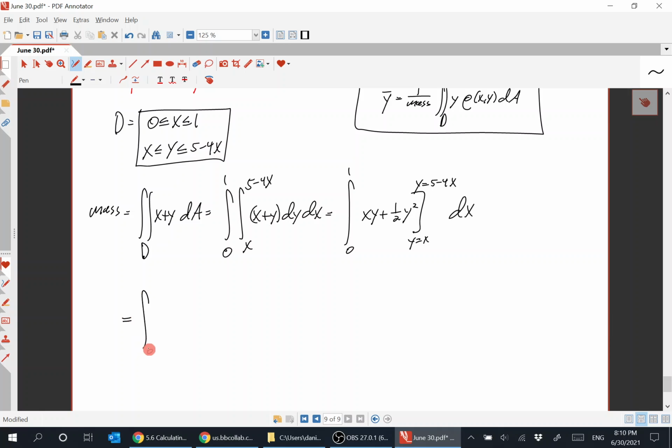So this is x times 5 minus 4x minus x, well, we'll do the whole thing, plus 1/2 times 5 minus 4x squared minus x squared, plus a half y squared evaluated at x to the 4th, dx.